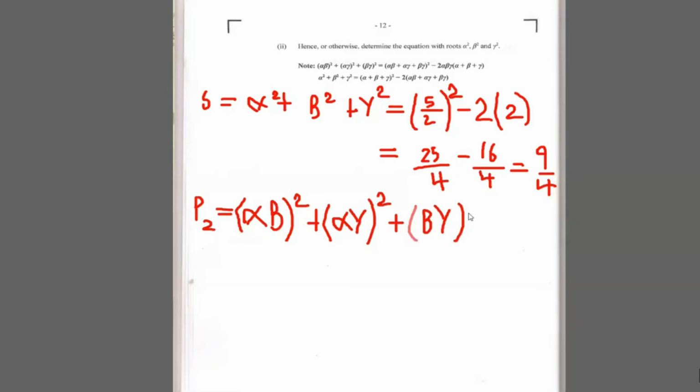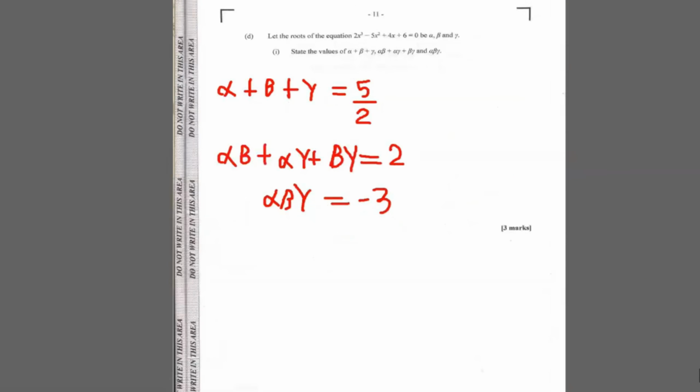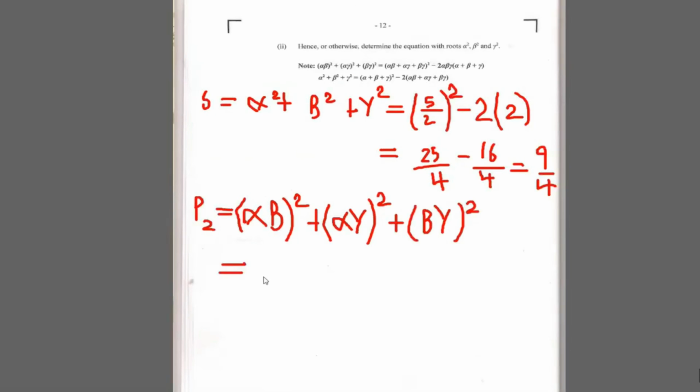This is equal to alpha beta plus alpha gamma plus beta gamma all squared, which we said was 2, so it's 2 squared, minus 2 times alpha beta gamma times alpha plus beta plus gamma.